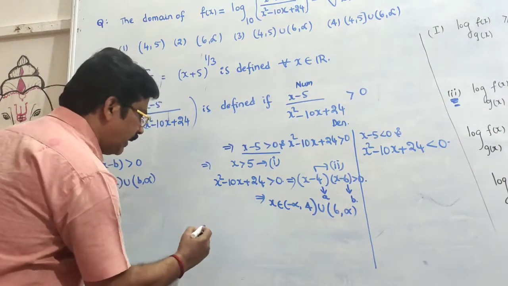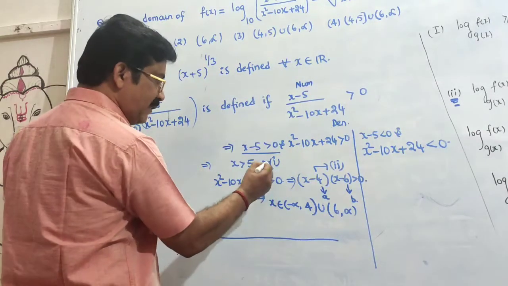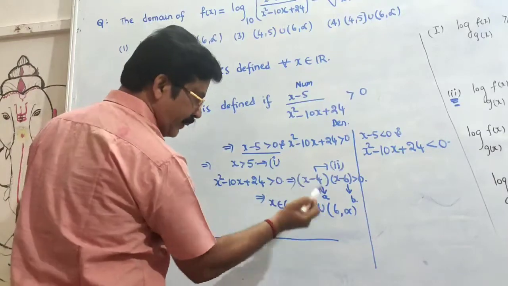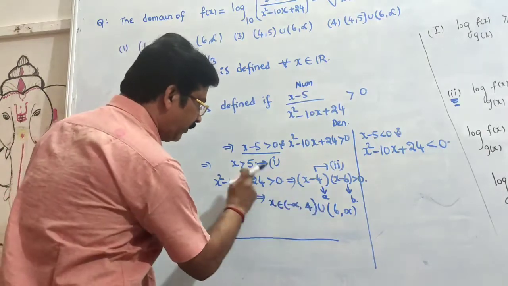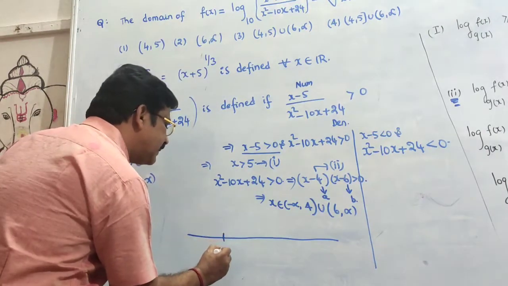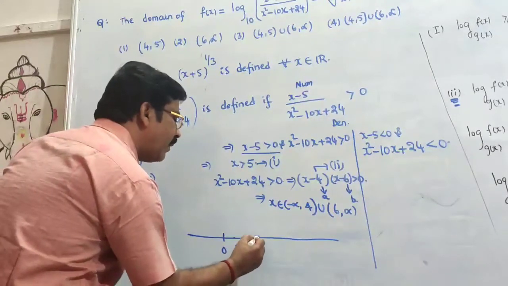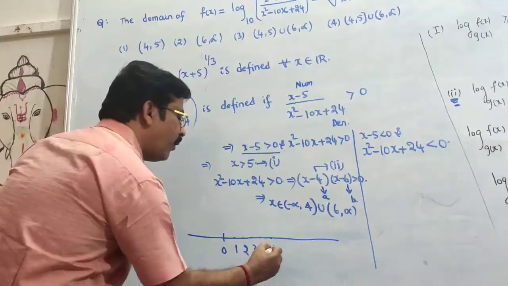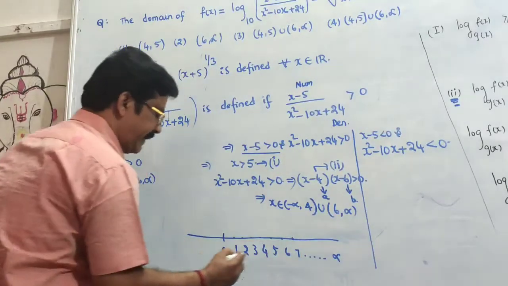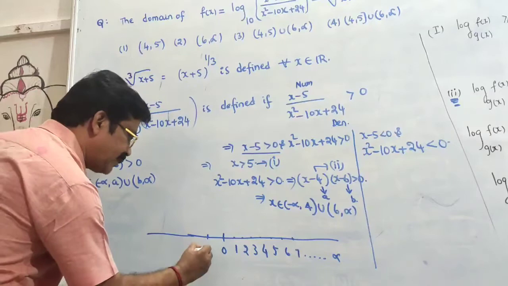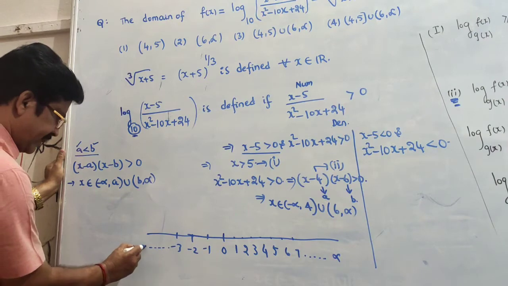Therefore we have to find the combined solution for statements 1 and 2. Which numbers appear here? 4, 5, 6. This is 0, then 1, 2, 3, 4, 5, 6, 7 up to infinity, and here minus 1, minus 2, minus 3 up to minus infinity.